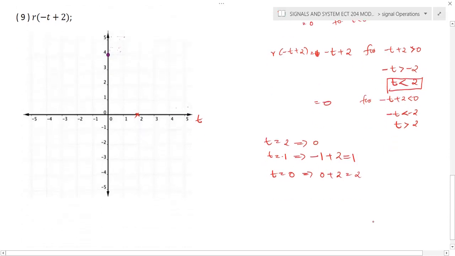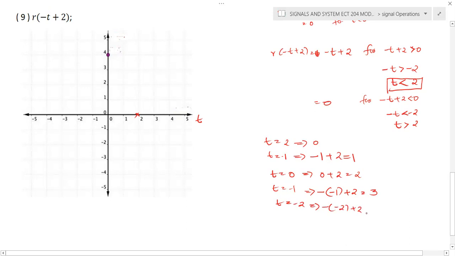And when t is equal to minus 1, you can see that already there is a minus, and t is minus 1, so minus minus plus 2. So you'll get 1 plus 2, which is equal to 3. When t is equal to minus 2, your function magnitude is minus of minus 2 plus 2.